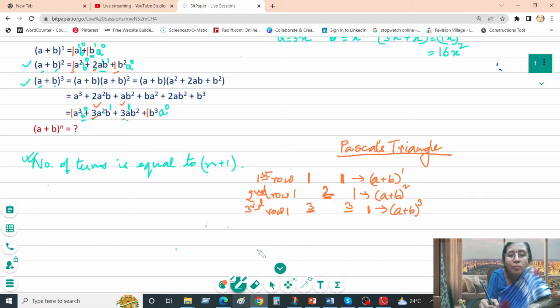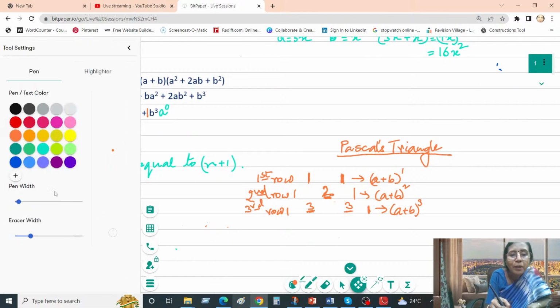So maybe now we are in a position to find what a plus b raised to the power of 4 is. Of course, we can find it by multiplying a plus b with the final expansion of a plus b whole to the power of 3. We will be doing that just for checking purposes.